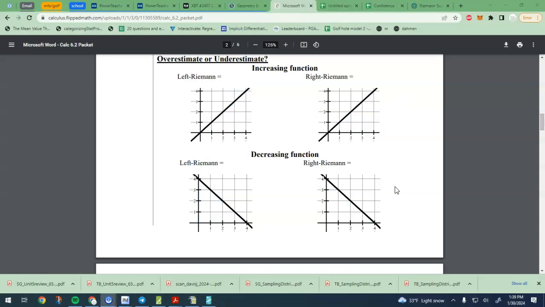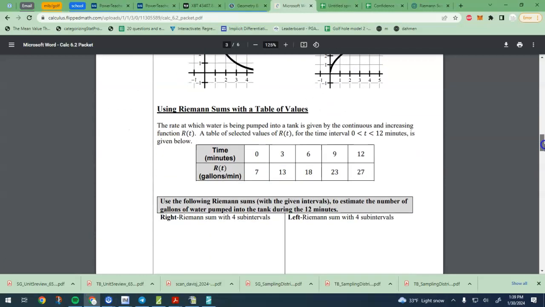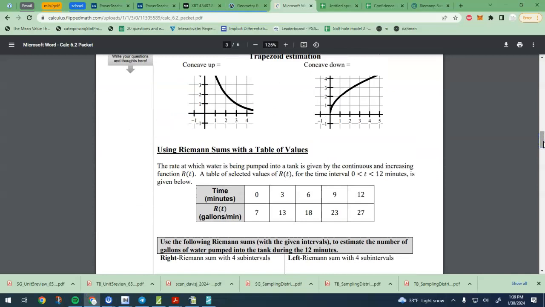Then what do they do? Their concavity next. So the concavity, you can only really use it if you do a trapezoid rule. So concave up. If I do a trapezoid here, if I could draw a trapezoid correctly here, it goes over the top.